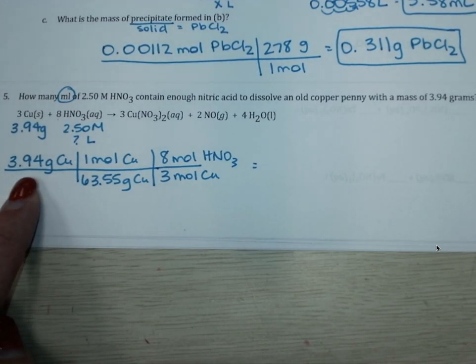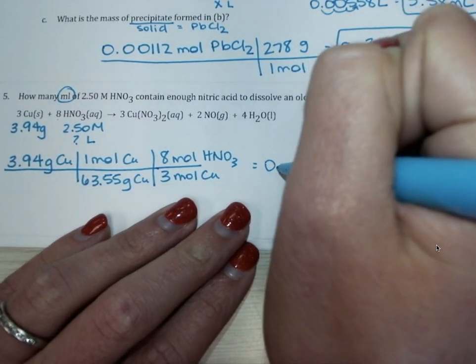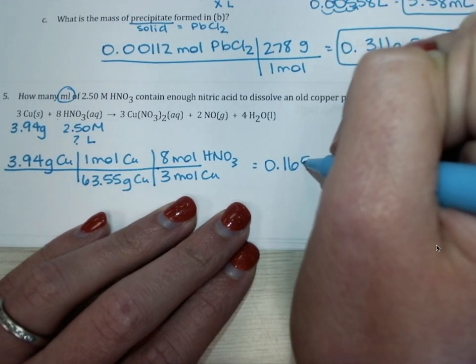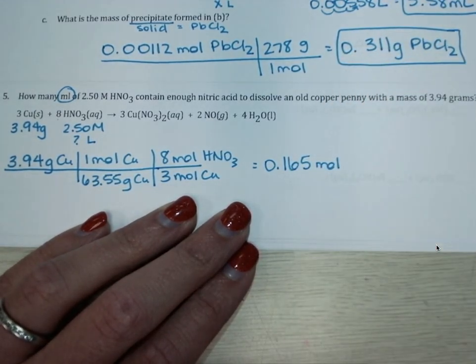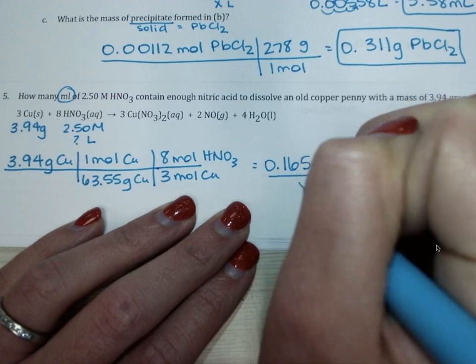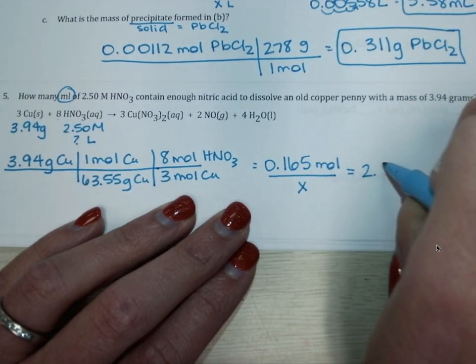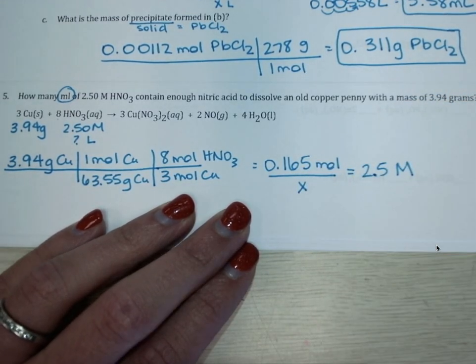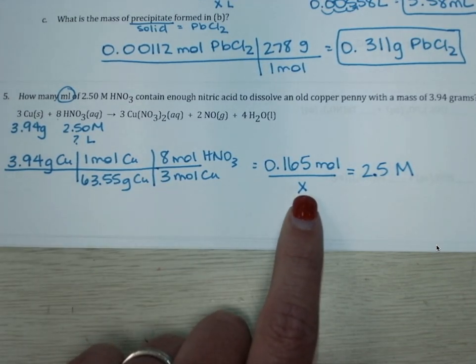3.94 divided by 63.55 times 8 divided by 3 is 0.165 moles. I don't know the volume, but it's in a 2.5 molar solution. What volume of that do I need?